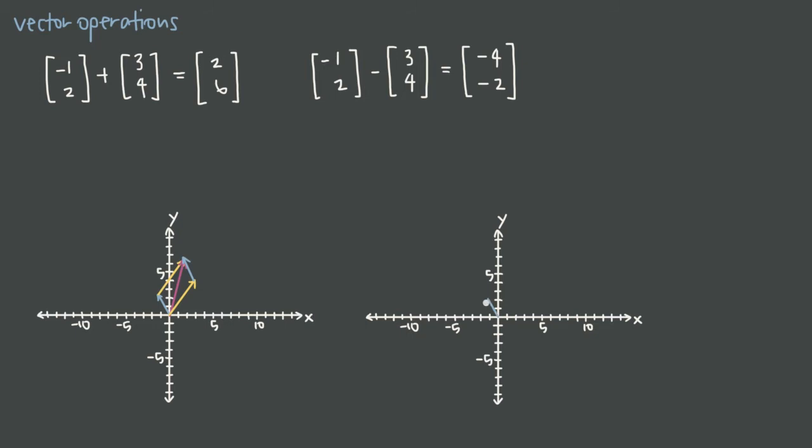And then we want to subtract 3, 4. Well, normally the vector 3, 4 would move off in this direction, 1, 2, 3, and then up to 4. And the vector would look something like this. This would be the vector 3, 4. And so if we wanted to add the vectors, we would go ahead and connect that to the terminal point like we did last time.